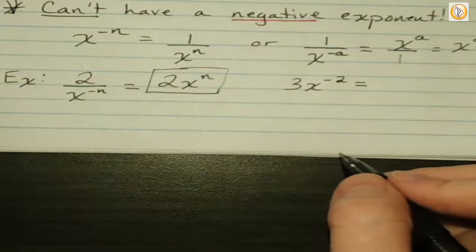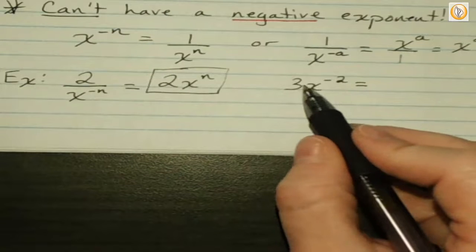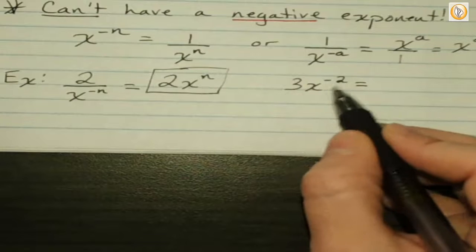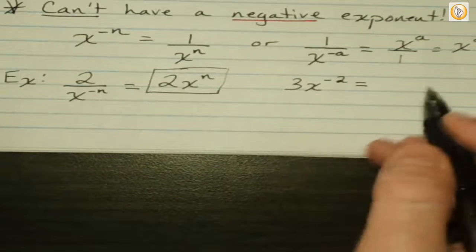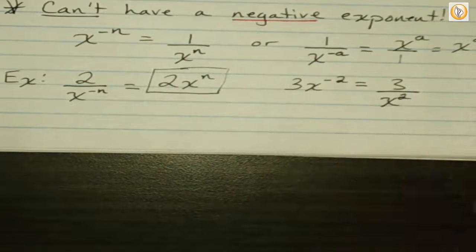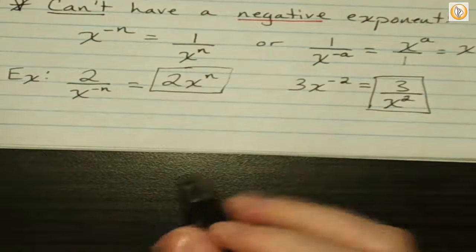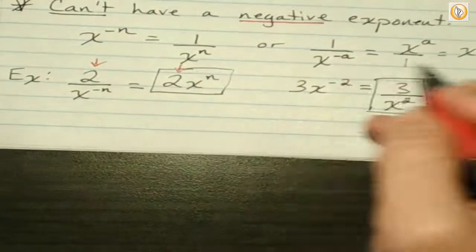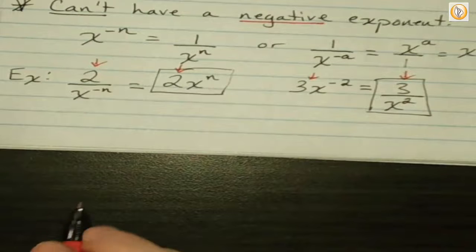So the x has a negative exponent, right? So it needs to move, but does the 3 have a negative exponent? 3 is above, and then we move this down below. There you go. Do y'all see that? Whatever is not affected can stay right where it's at. You don't have to move it at all.